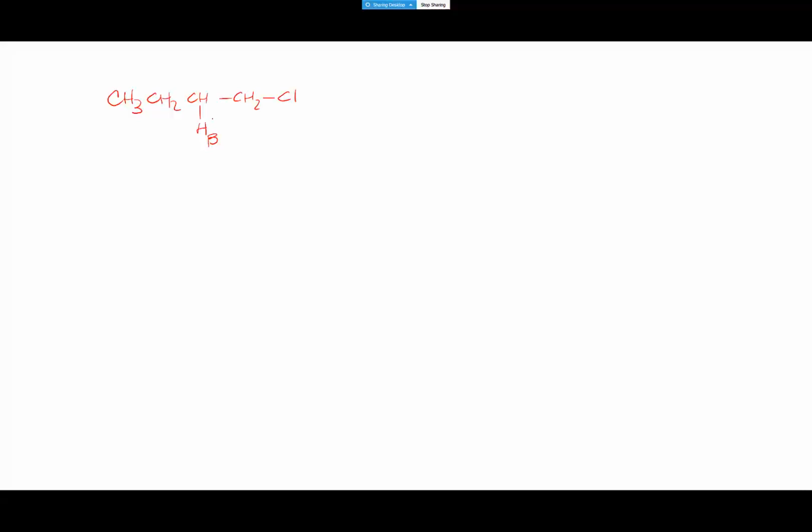So I want something that's a strong nucleophile, but it's also a strong base. So I want to remove that hydrogen with a strong base, which I'm going to label right now B minus. So B minus is my strong base.